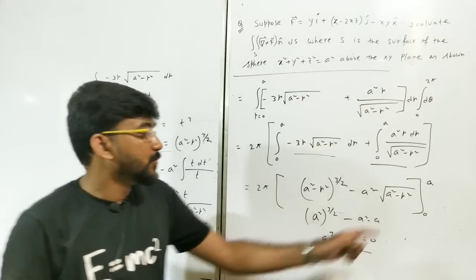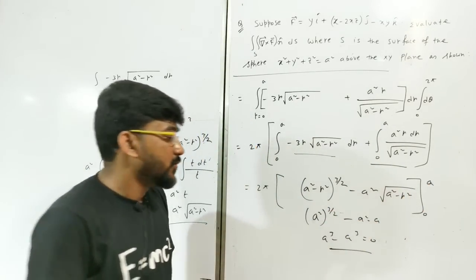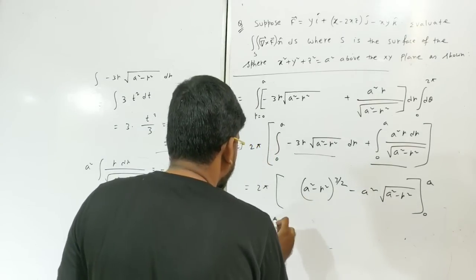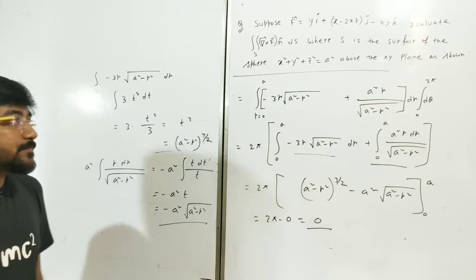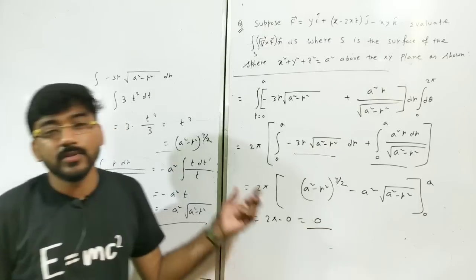So either you put the upper limit or lower limit, you will get 0 here, so it will be 2 pi into 0, so the result of the integration will be 0.